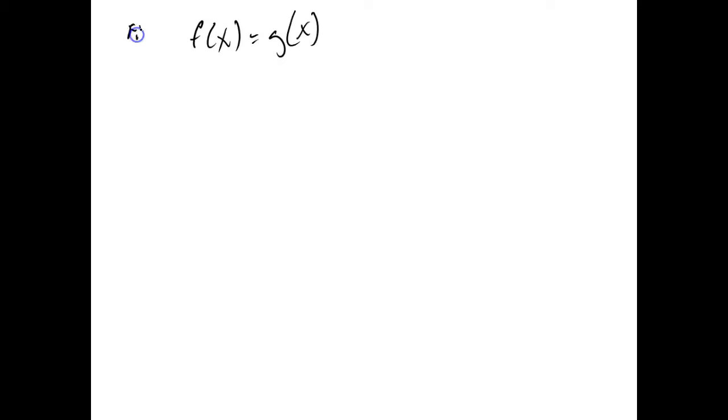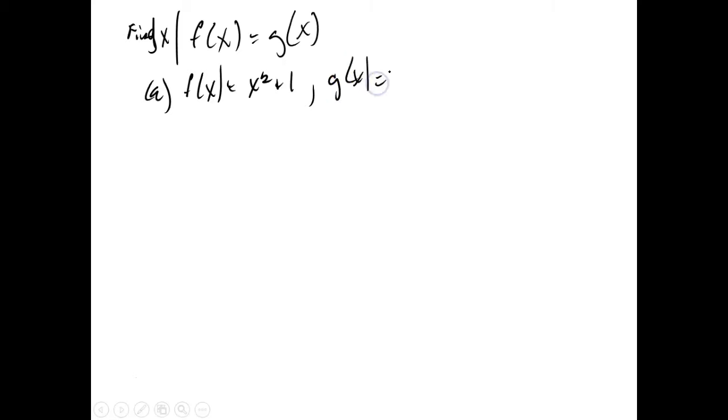So here's the A problem. f of x is equal to x squared plus 1. g of x is equal to 3x minus x squared. Now, they say, find the values of x for which f of x equals g of x.